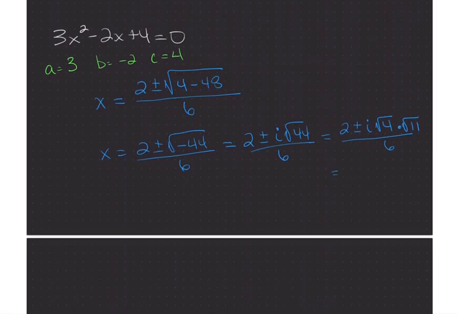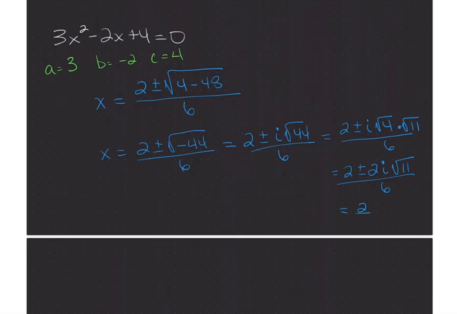So I'm just going to do some algebra and keep reducing, right? So 2 plus or minus the square root of 4 is 2. Still got my i, and then the square root of 11 all over 6. Right? And then I'm going to look at that square root of 11, and I'm going to go, is there any perfect squares that go into there? I'm going to say nope. And then I'm going to separate these fractions.